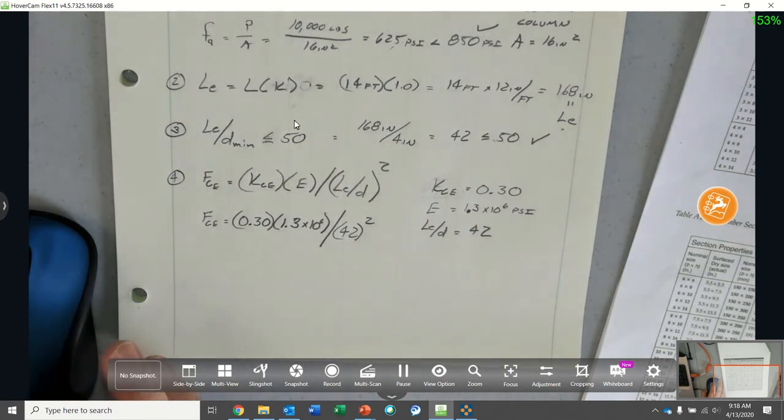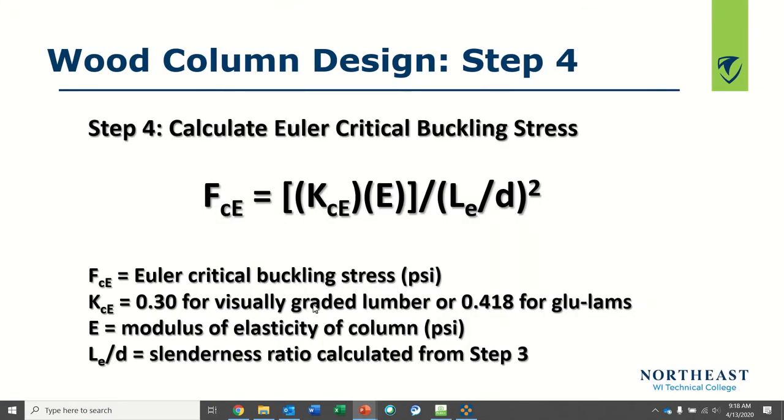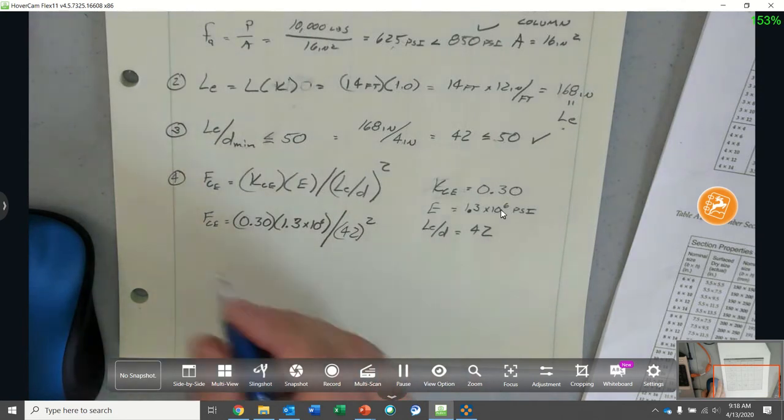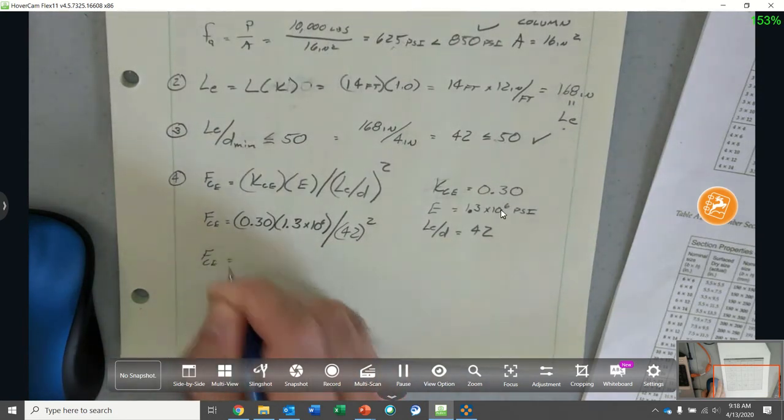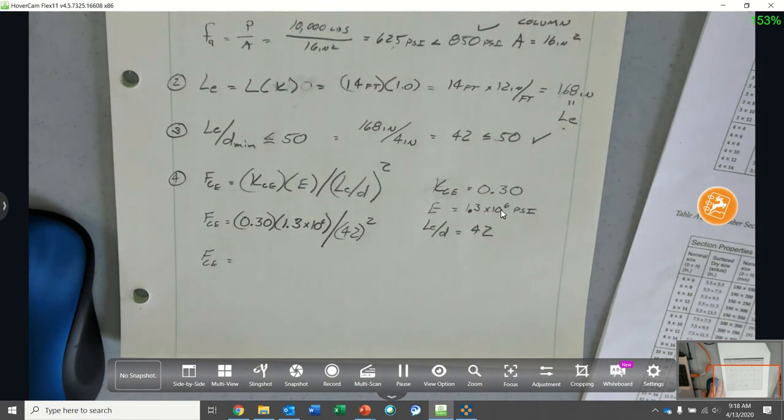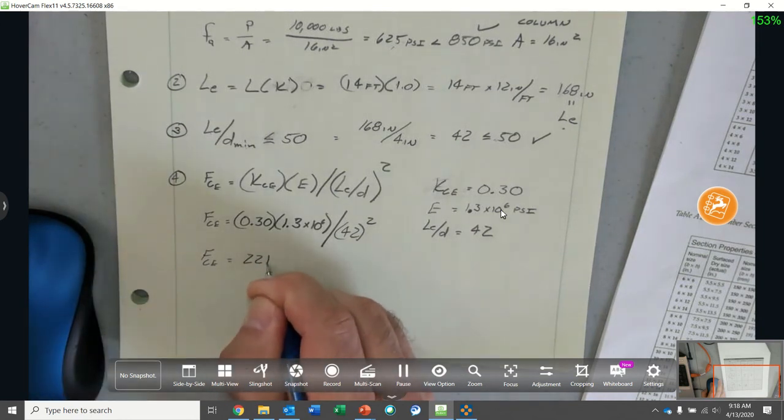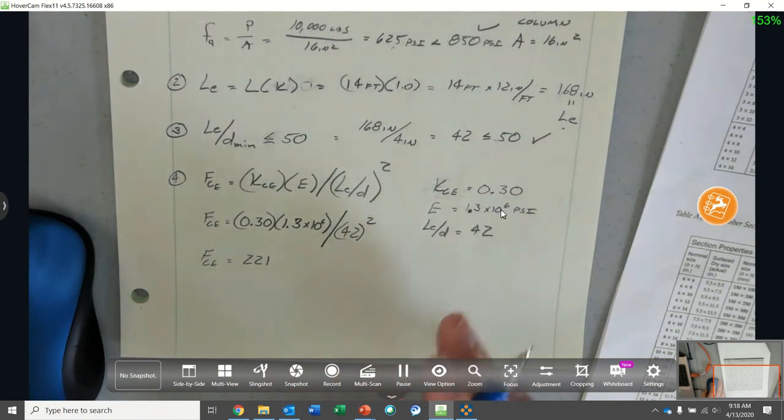You have to make sure you square this term before you divide; don't square it after you divide, for order of operations. So 0.3 times 1.3 times 10 to the 6th divided by 42 squared equals 221.